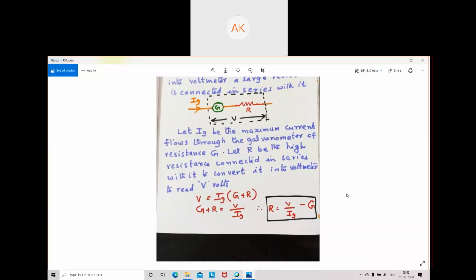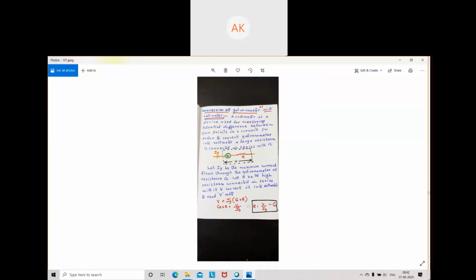I think this portion is the theory part of this chapter, magnetic effect of electric current or moving charges and magnetism. And magnetism is left, that is the next chapter. So this chapter's theory part is over, we have to do problems. I sent some formulas to all of you.